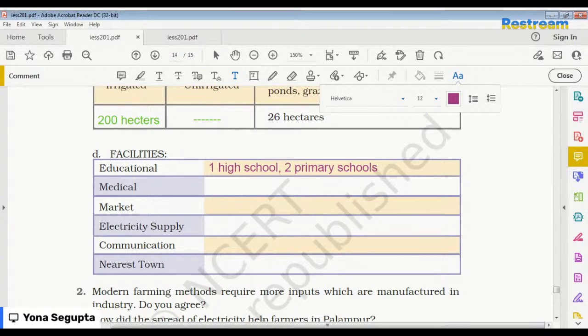Next is medical. In medical, there is one private dispensary and one primary healthcare center run by the government. These are some of the medical facilities given in Palampur. We are reading about Palampur, so it will be in Palampur.